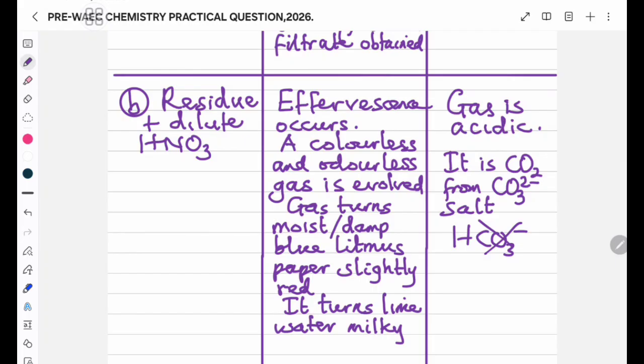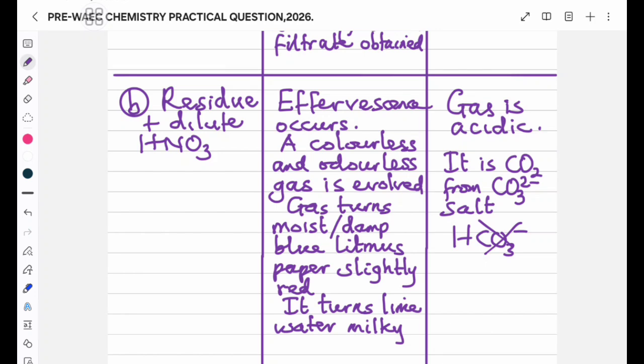Let me explain why you should not include that. You don't include that because from the onset, the residue does not dissolve in water. Now, all hydrogen carbonate salts are soluble in water. If the inorganic salt had been a hydrogen carbonate salt, then it would have dissolved in water from the solubility test we carried out in test A above.